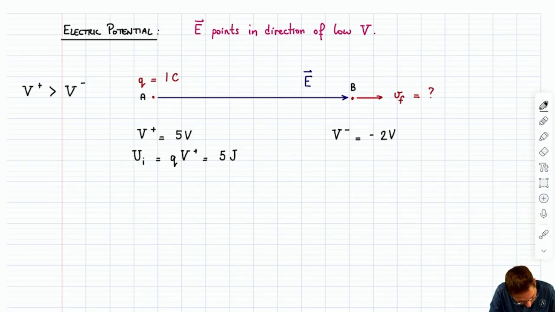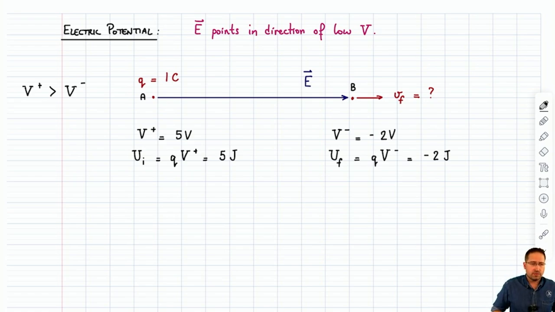As it travels from A to B, we'll see that its potential energy gets depleted. U final here is going to be, well, the potential energy at point B is the amount of charge Q multiplied by the energy per charge at point B, which is V minus, and that's going to be equal to 1 times minus 2 is minus 2 joules. Okay, so at point B, the particle has less potential energy than at point A. It spent 7 joules to acquire kinetic energy.